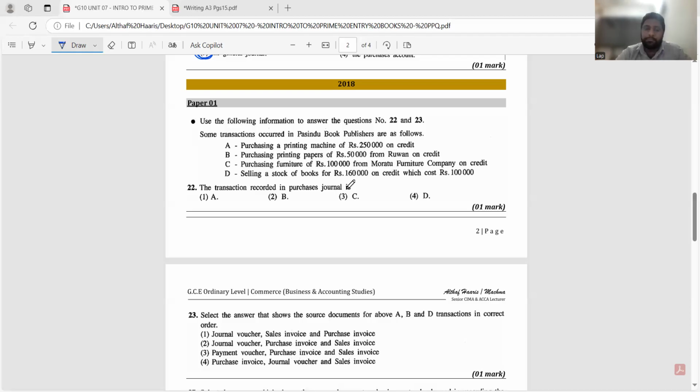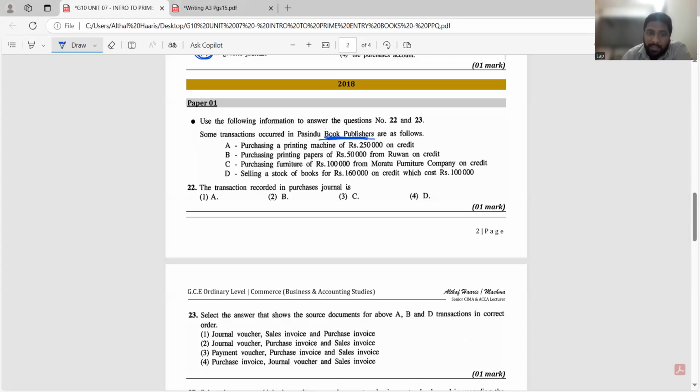Okay. Let's do. Use the following information to answer question number 22 and 23. Some transactions occurred in Pasindu's book publishers. Pasindu is publishing some books. Purchasing a printing machine.